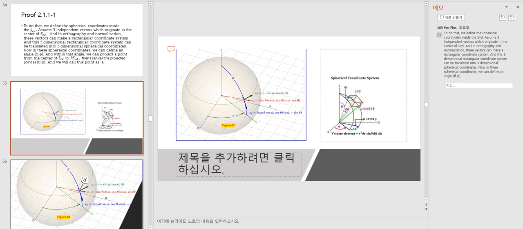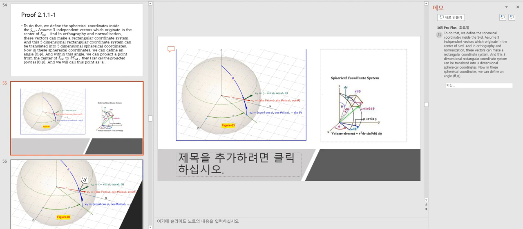To do that, we define the spherical coordinates inside the S3D. Assume three independent vectors which originate in the center of S3D, and with orthogonalization and normalization, these vectors can make a rectangular coordinate system. This three-dimensional rectangular coordinate system can be translated into three-dimensional spherical coordinates.